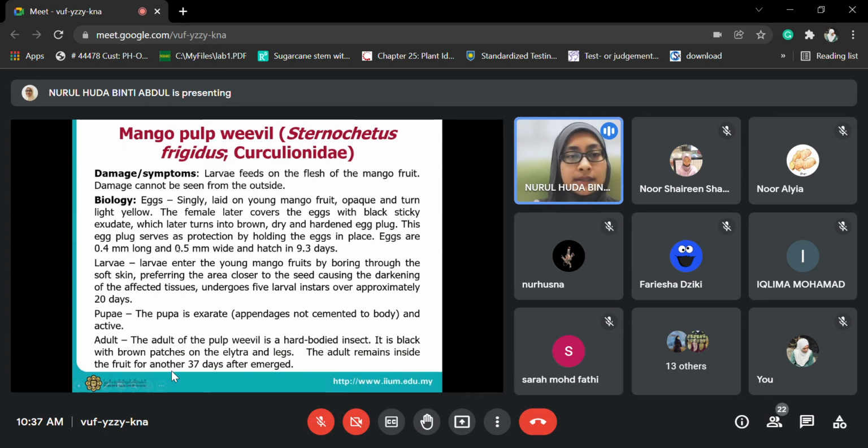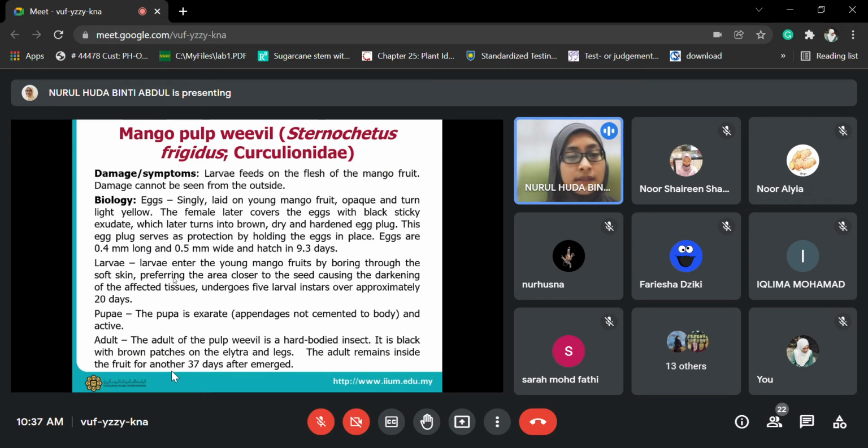The size is around 0.4 mm long and 0.5 mm wide, and they hatch within 9.3 days. The larvae, once they hatch, will enter into the young mango fruits.